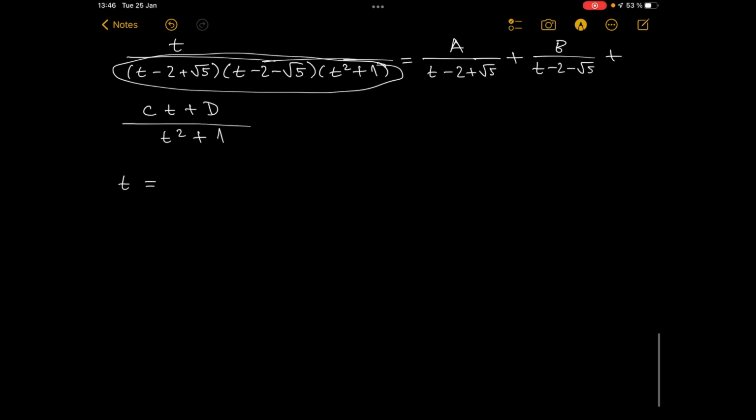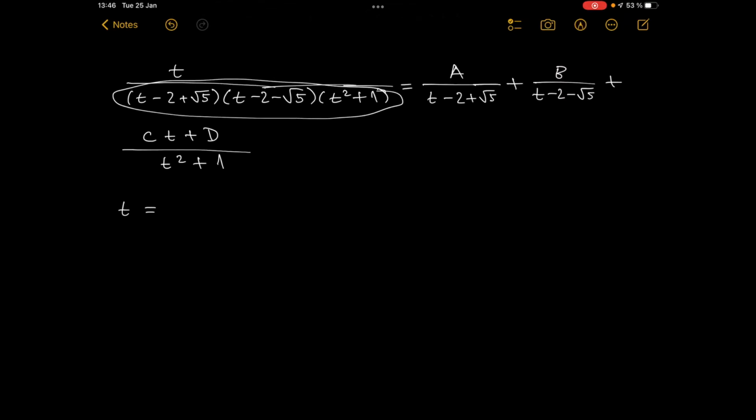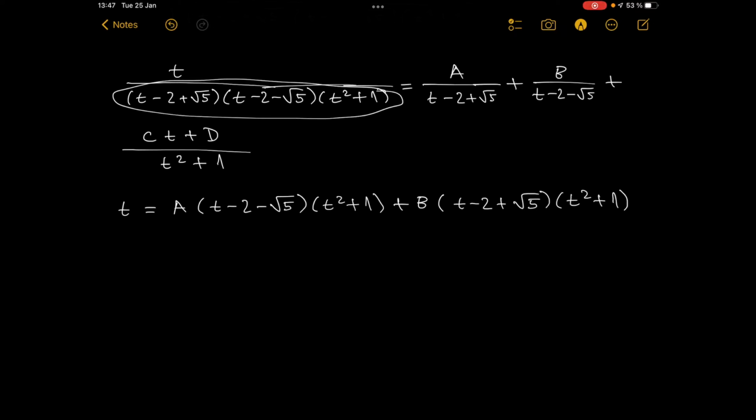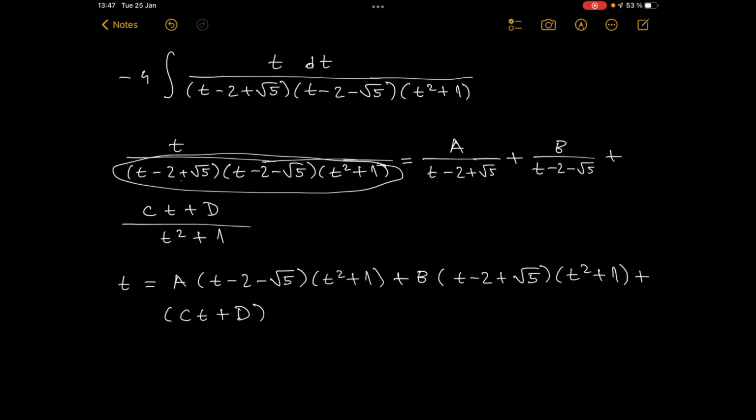Now we're going to multiply the entire equation by this denominator. On the left-hand side, we're just left with t. On the right-hand side, we're left with a times t minus 2 minus the square root of 5 times t squared plus 1, plus b times t minus 2 plus the square root of 5 times t squared plus 1, and plus ct plus d times these two products.